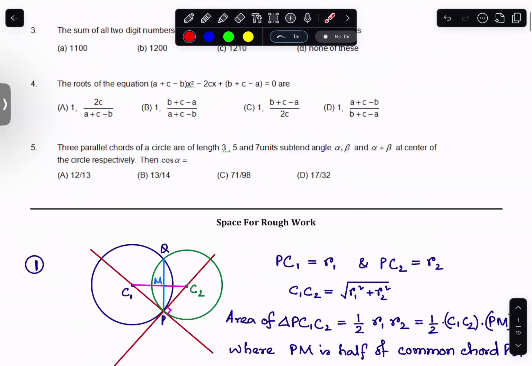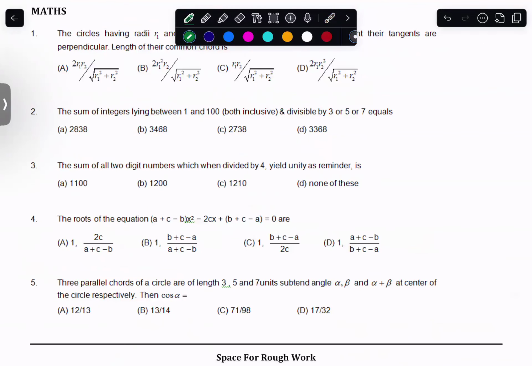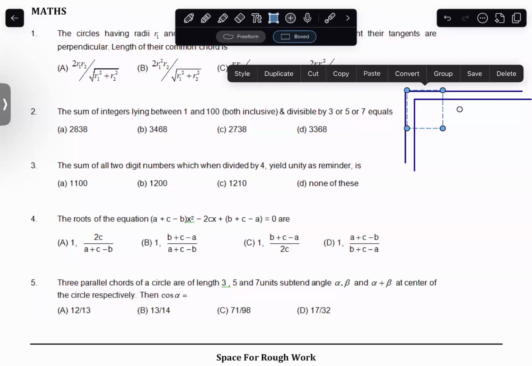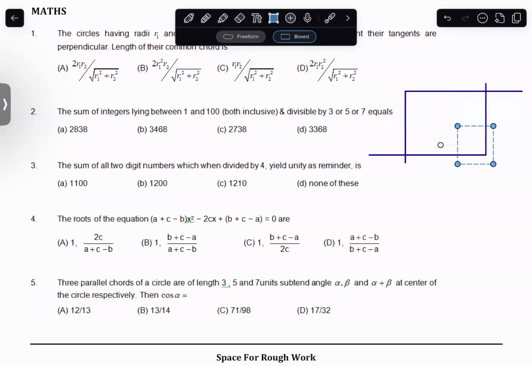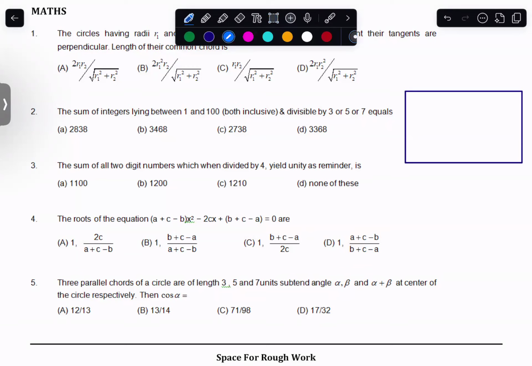For question number 2, I'm just drawing a diagram that will remind you which will be the most justified idea here. If I consider this rectangle as representing the numbers lying between 1 and 100, both inclusive, basically all the numbers 1 to 100 are represented as this universal set. Then we are going for divisible by 3.